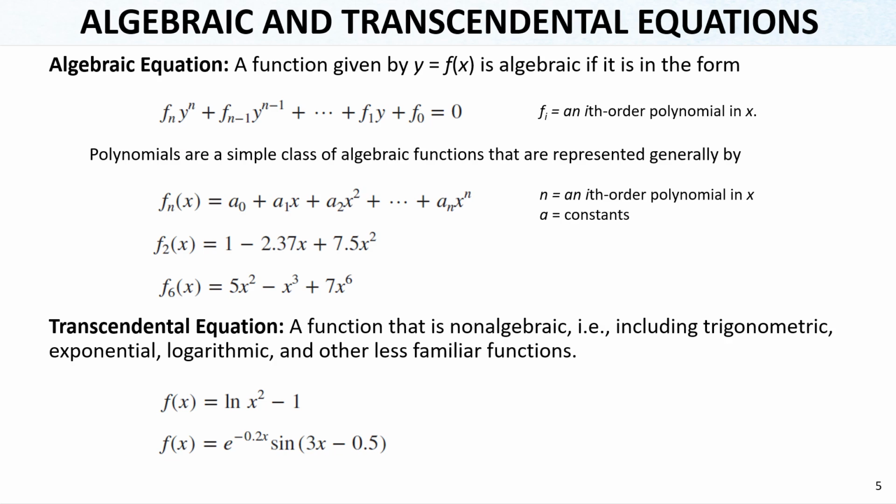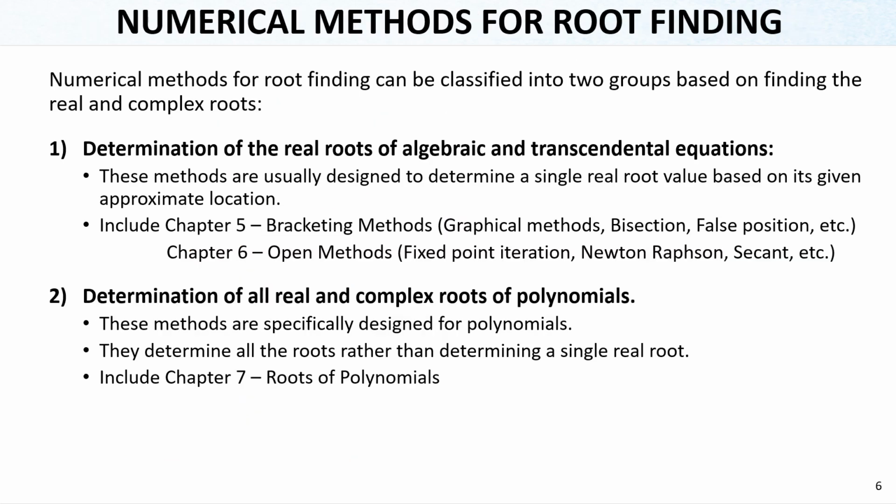in the following slides. The numerical methods to find the roots of equations are actually plenty, and we can classify them into two groups based on the finding of real and complex roots. The first one is the determination of the real roots of algebraic and transcendental equations. These methods are usually designed to determine a single real root value.